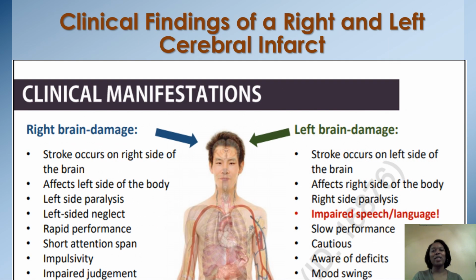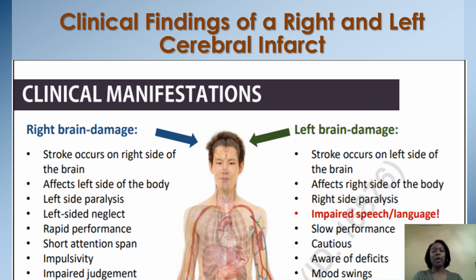So let's discuss the clinical findings of a right and left cerebral infarct. A patient with right-sided brain damage, or CVA, will present with a decreased sensation and increased weakness in their left side of their body.